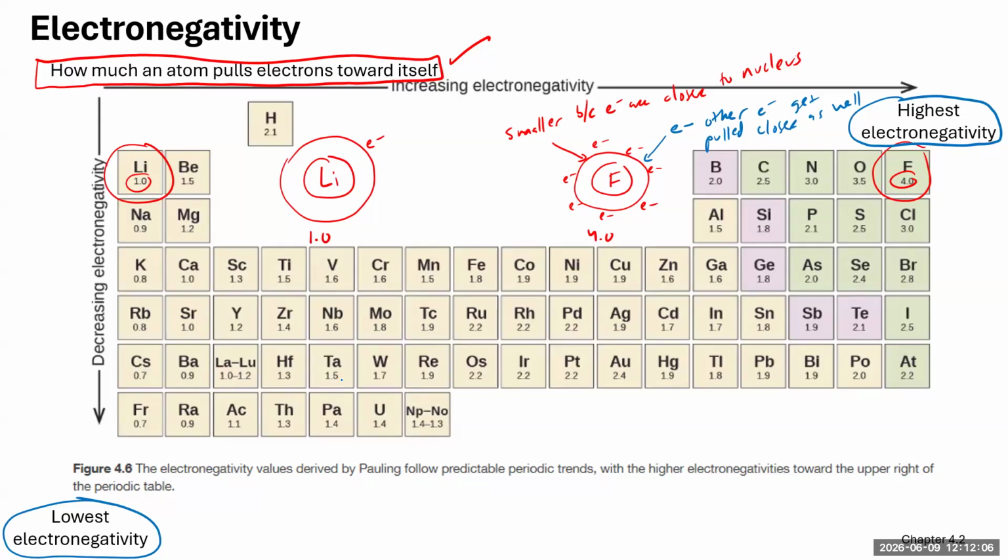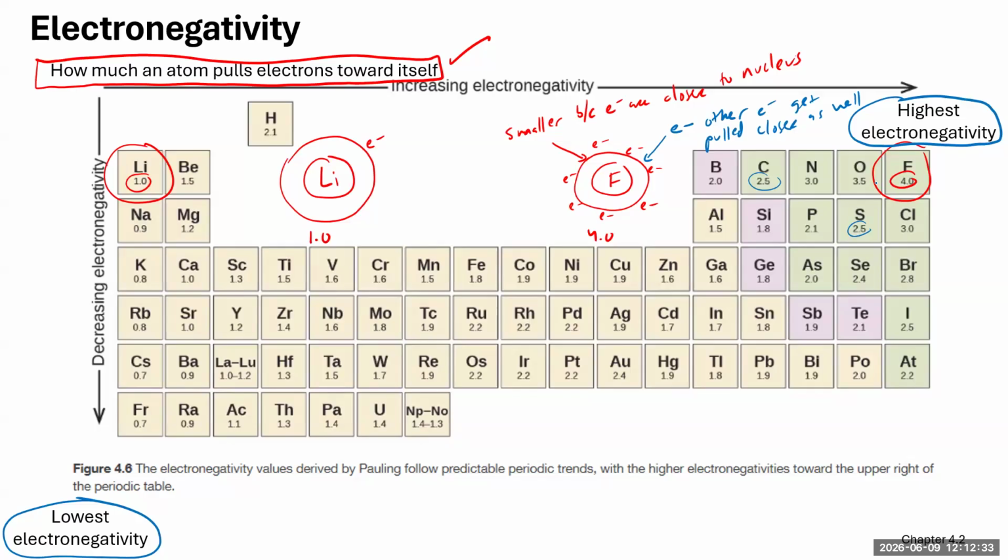So we're going to use that trend to figure out what's polar and what's not. There are going to be some mistakes and some squishy values that aren't super exact because we're just using a trend. For example, it would be hard to figure out what's more electronegative, carbon or sulfur. The trend is up and to the right, but carbon is up and to the left, and sulfur is right and down, so it's hard to figure out.